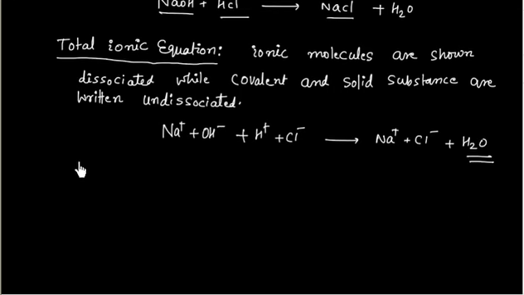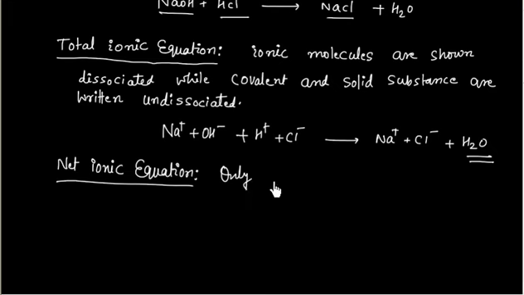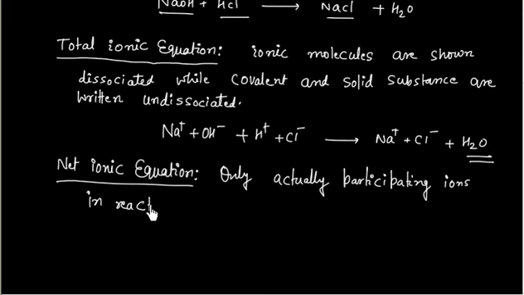Now we define the third, called the net ionic equation. In this case, we only show the ions actually participating in the reaction.